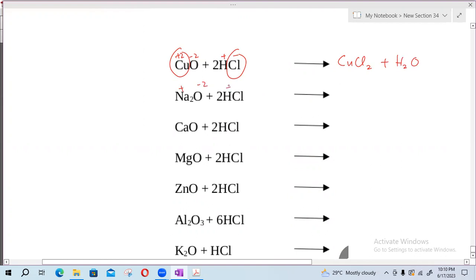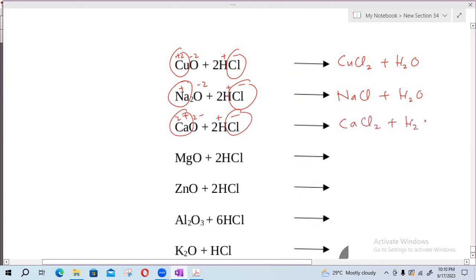Sodium plus 1, oxide negative, H positive, chloride negative. This positive will combine with this negative component. Zinc is plus 2, oxygen is minus 2, H positive, chloride negative.